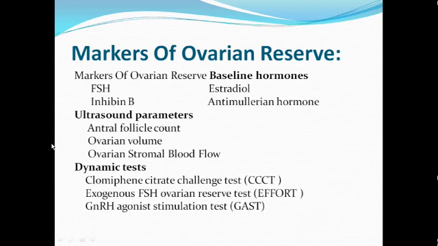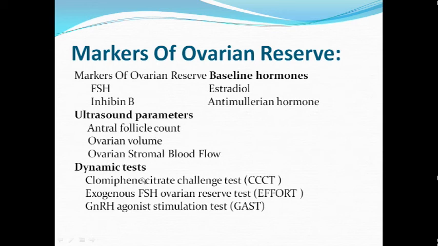Different markers are available to assess the ovarian reserve. It can be baseline hormonal levels of FSH, inhibin B, estradiol and AMH. So by hormonal profile you can assess the ovarian reserve. Other parameters are by ultrasound: AFC, that is antral follicular count, ovarian volume, and ovarian stromal blood flow.